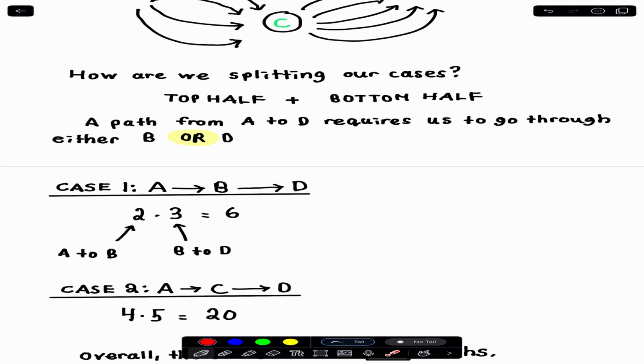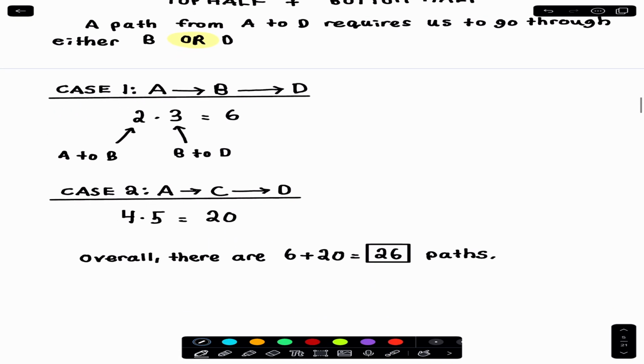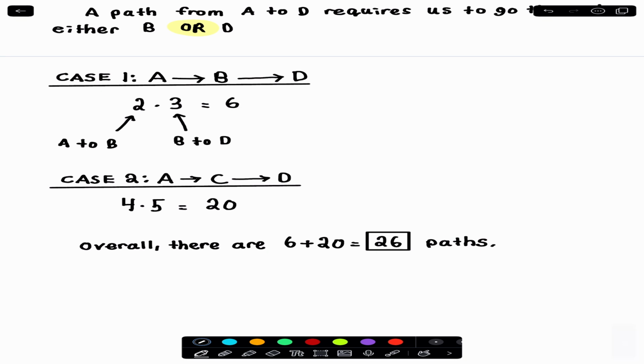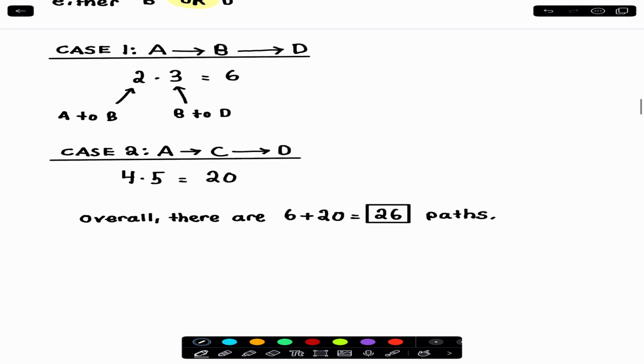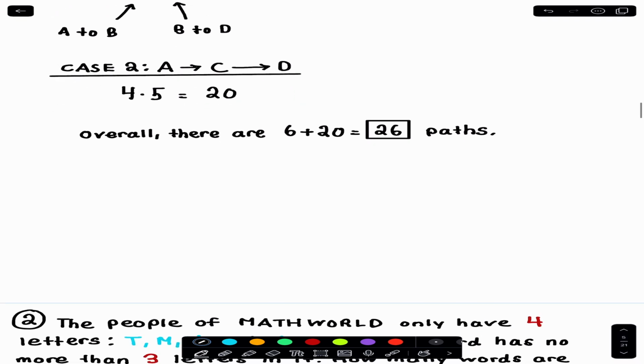So that's another clue. When you see the word or, a lot of times it means you're going to be adding. When you see the word and, you're going to be multiplying. But again, try not to focus too much on memorizing the words. Just think about it logically, and it should make sense. So that's a point I want to emphasize.